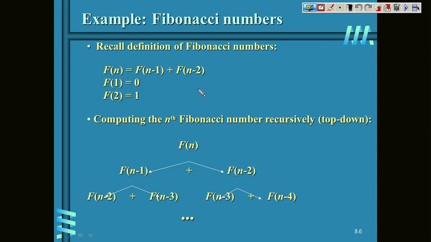So Fibonacci numbers are a kind of sequence. For example, let's say our sequence starts from 0, then 1, meaning we have defined the first two numbers, and all the other numbers are derived by using these two numbers. So 0 plus 1 is 1, 1 plus 1 is 2, 2 plus 1 is 3, 3 plus 2 is 5, then 8, then 13, and then 21, and so on.